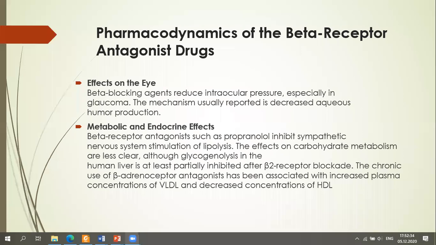Here in metabolic and endocrine effects, glycogenolysis is the splitting of glycogen in the human liver. When beta-2 receptor blockade occurs, it inhibits the splitting of glycogen.